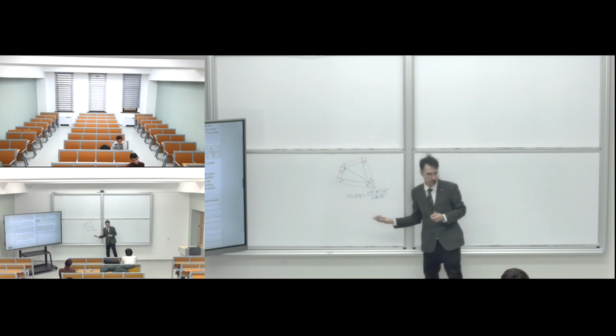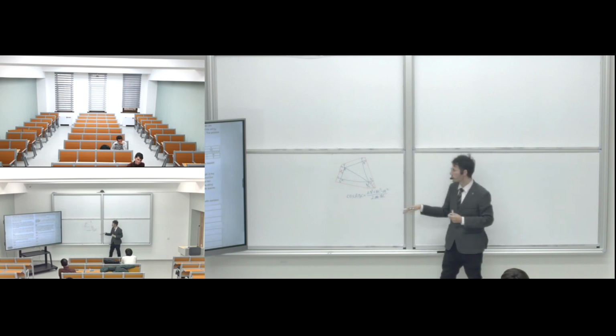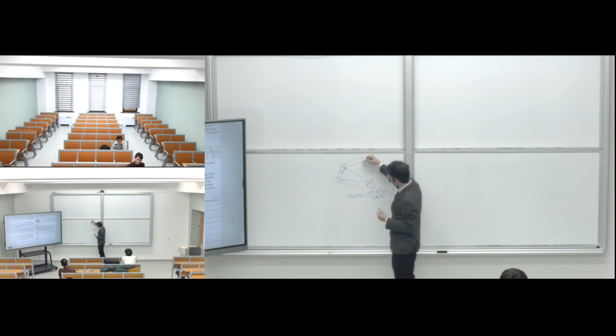So this is just a mathematical problem. We can know the cosine of this angle. And because this line is parallel to that line, these angles are equal. They must be equal. So if they are equal, we found this cosine.